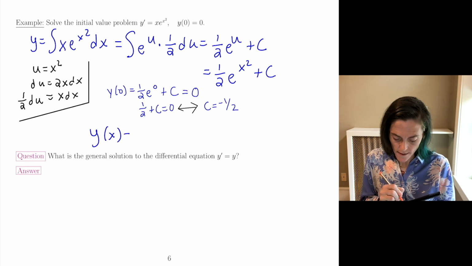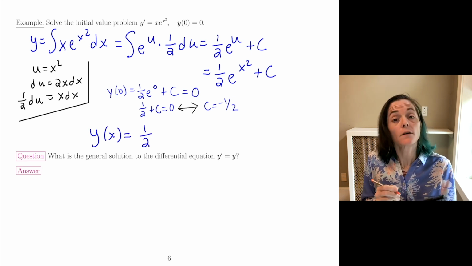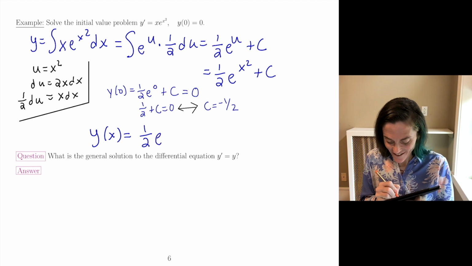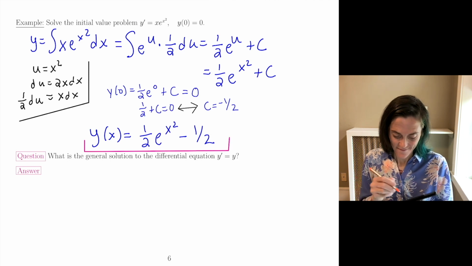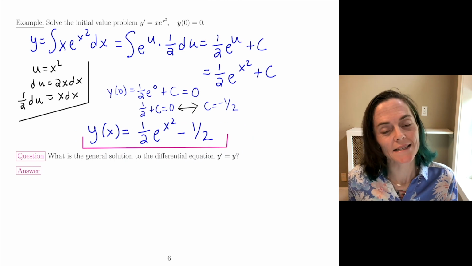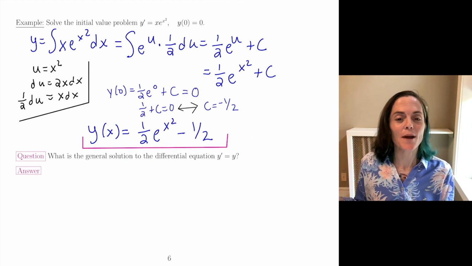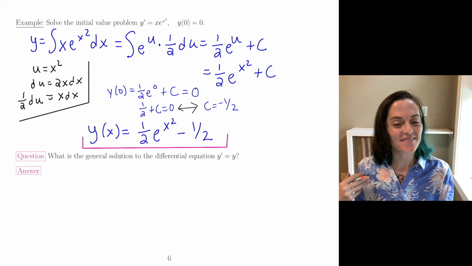Y of x is 1/2 e to the x squared minus 1/2. This was a great example because, well, we got to practice substitution.